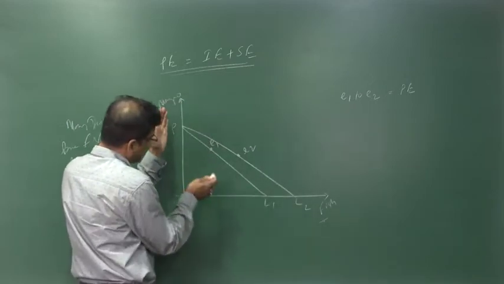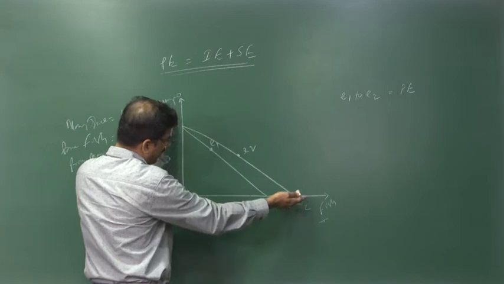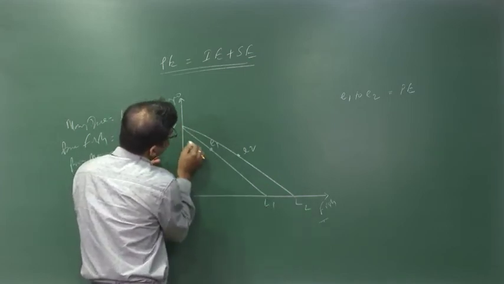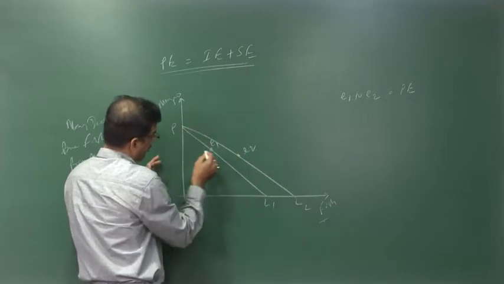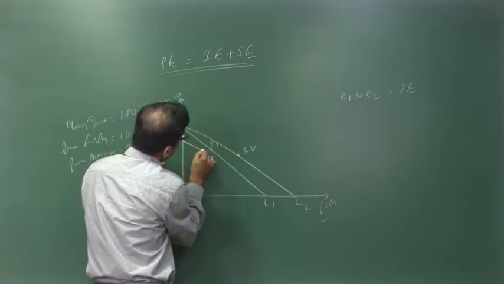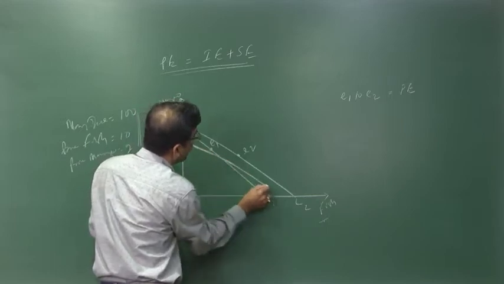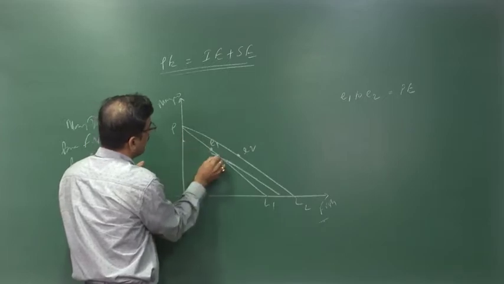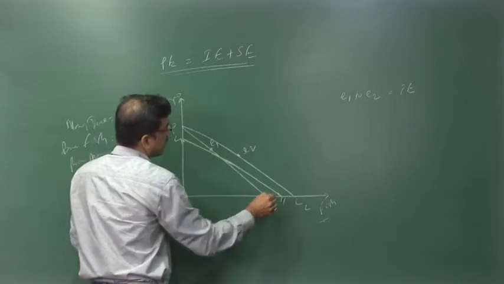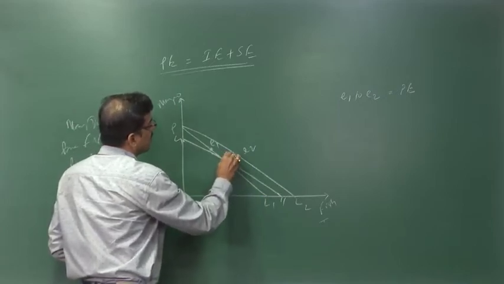We trace a new price line which would be parallel to PL2, drawn downward in such a way that it is tangent to the old indifference curve. Let us say we take a parallel line here, this is called the GH line, and it is tangent at the point E3.